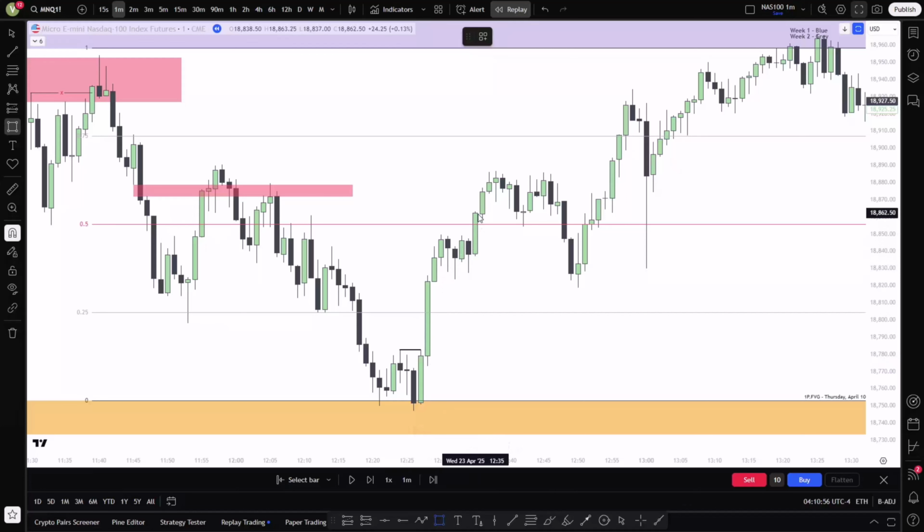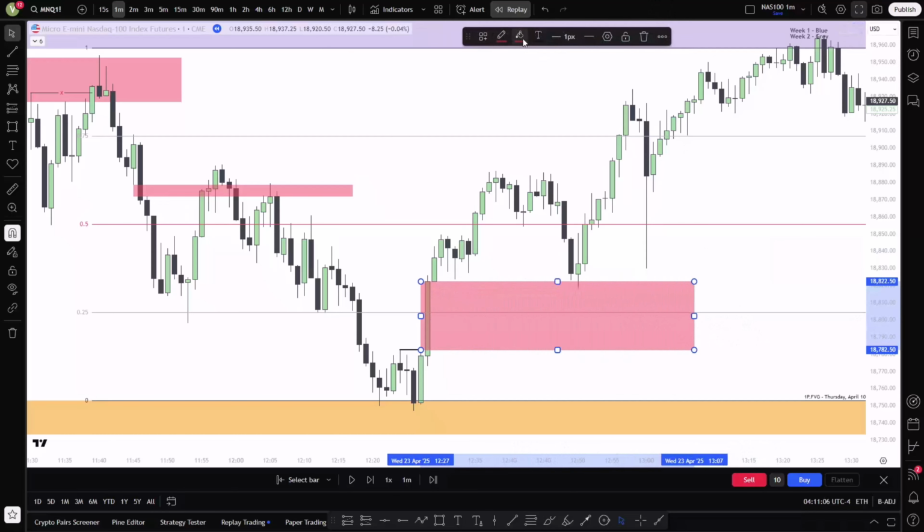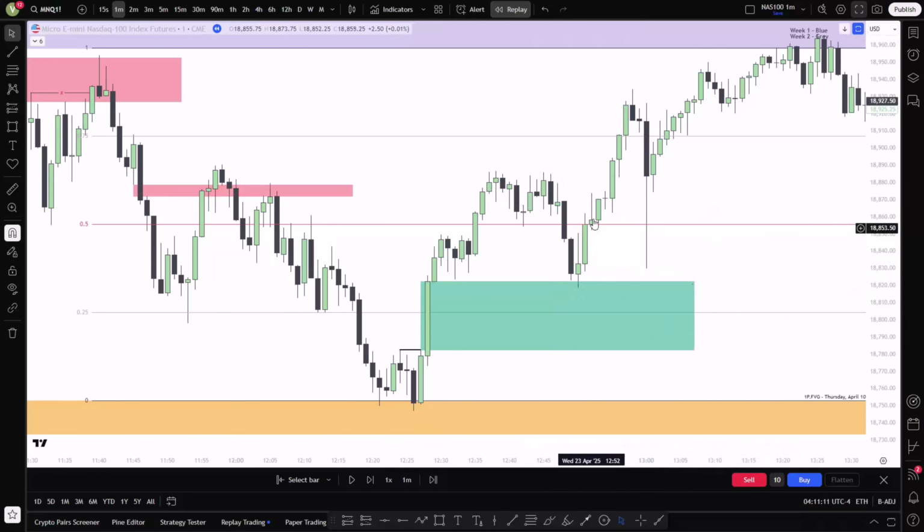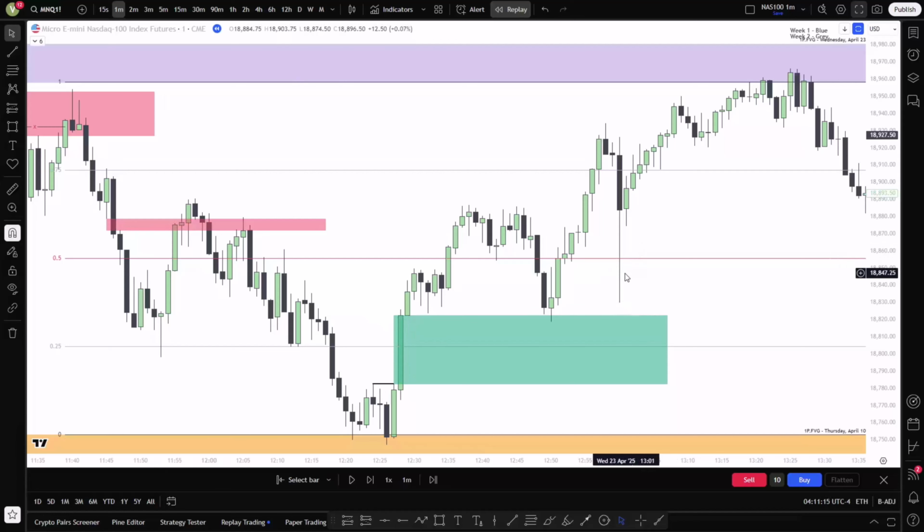Very, very strong aggressive move all the way up above equilibrium. Then we go down to this discount BC now, up into the third quadrant, then back down into discount below equilibrium. You also have another small little BC here.